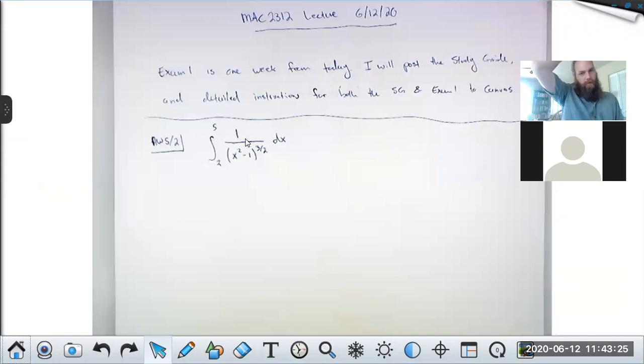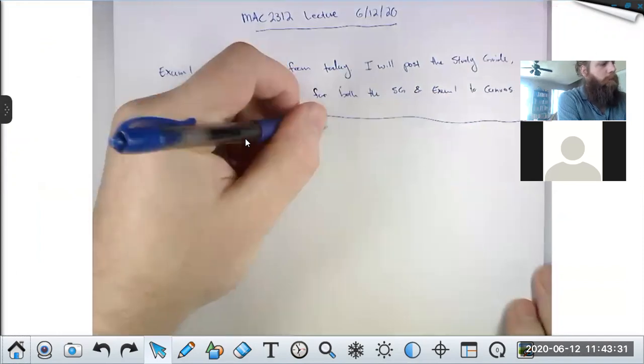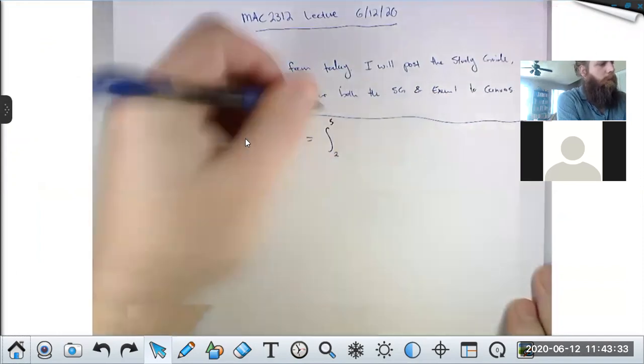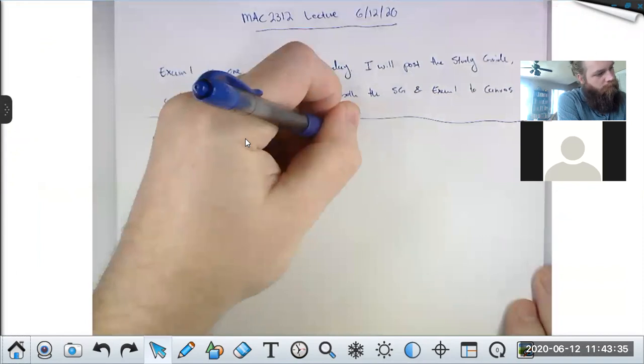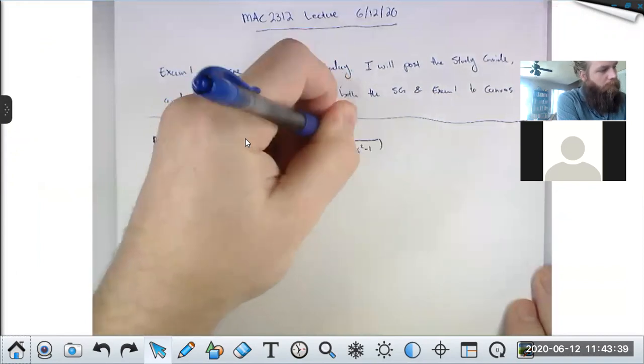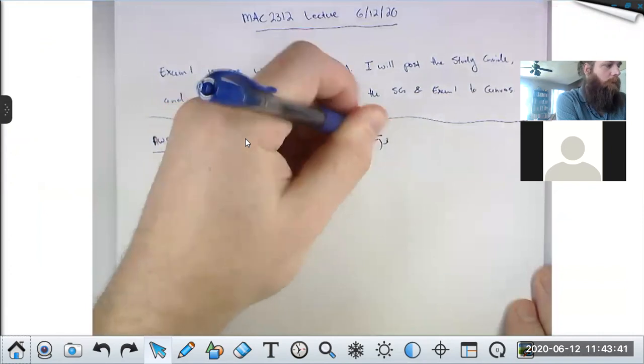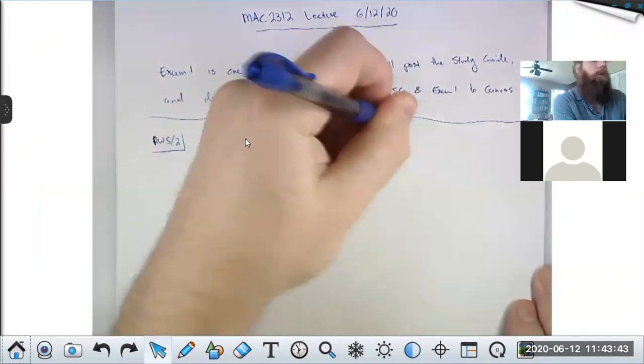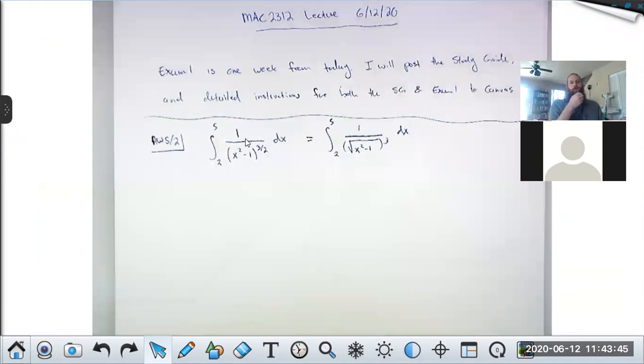My denominator, I could, if I wanted to, rewrite as the square root of x squared minus 1, cubed. So if you're having a hard time spotting the substitution, that might help you spot the substitution.